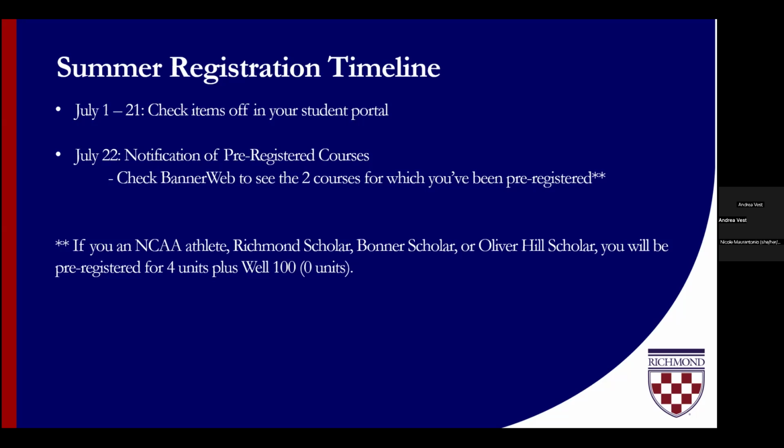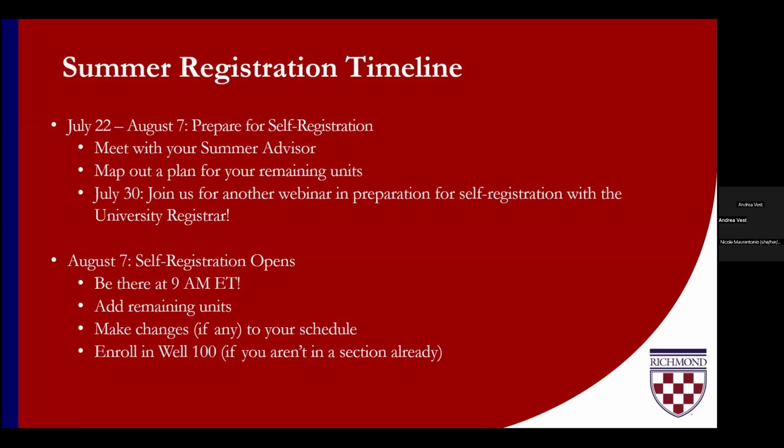Once you know which courses you've been pre-registered for, you'll be connecting with your summer advisor, a faculty or staff member, and plan out your remaining units. Specifically, during your meeting with your summer advisor, this is a strategy meeting for self-registration on August 7th. During self-registration, you'll register yourself for your remaining units, make any changes to your schedule, and add that section of Well 100.